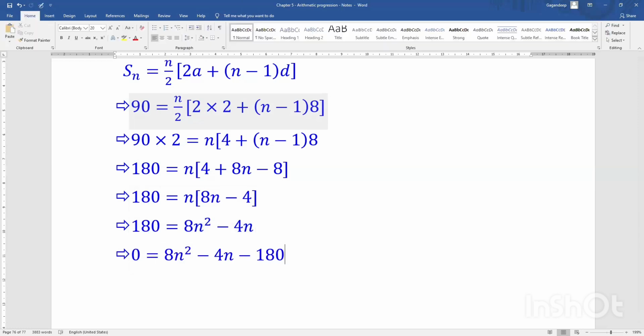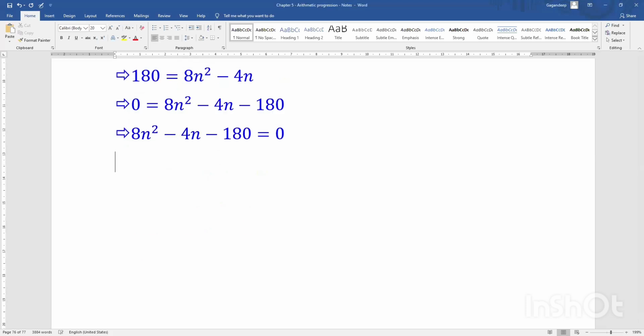You can write this as 8N square minus 4N minus 180 equals 0. Okay, children. Now I'm going to divide throughout by 4. See, this one is very important. Why? Because if you divide, the coefficients size will reduce.